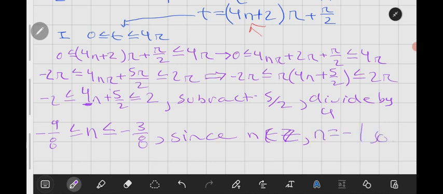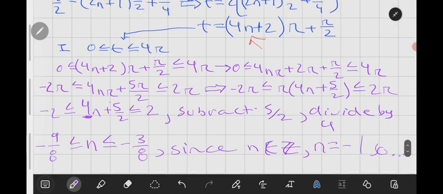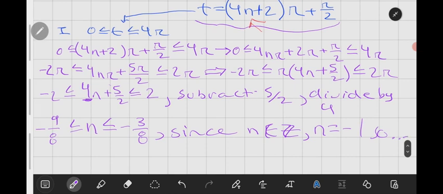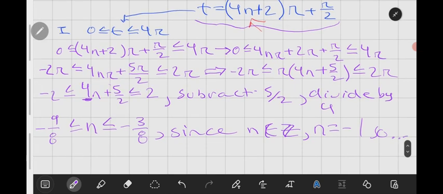And so, since we know that t is equal to 4n plus 2 times pi plus pi over 2, we can substitute -1 into the equation to find t2, which is equal to 4 times -1 plus 2 times pi plus pi over 2.